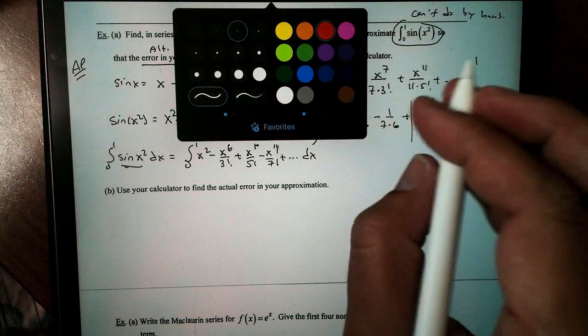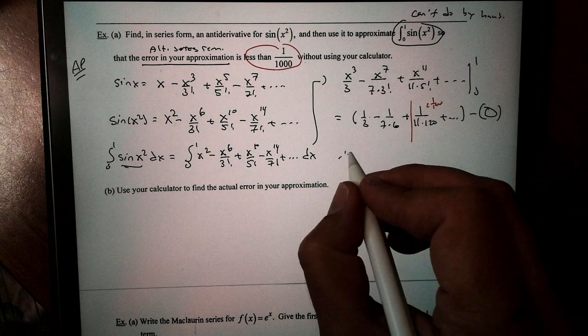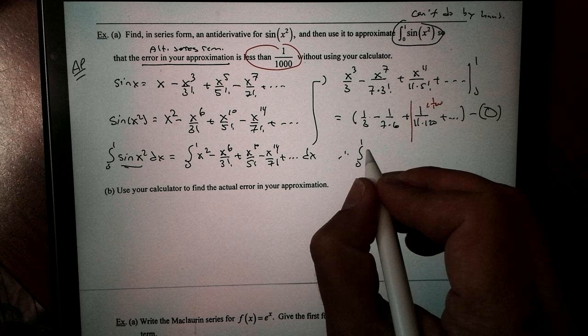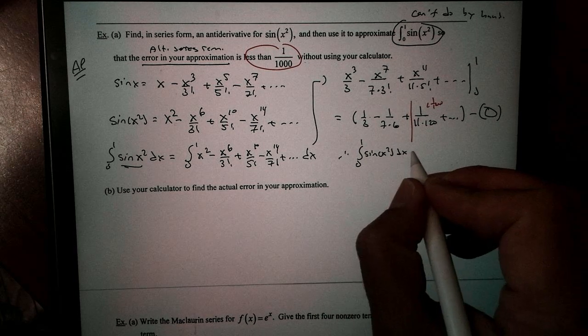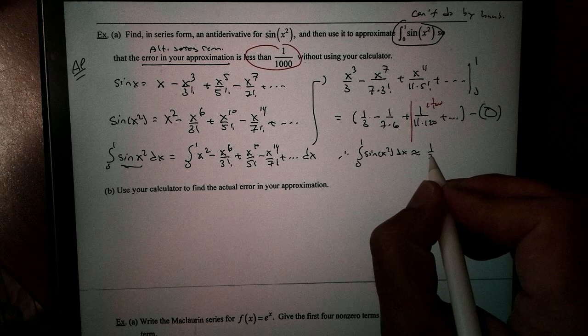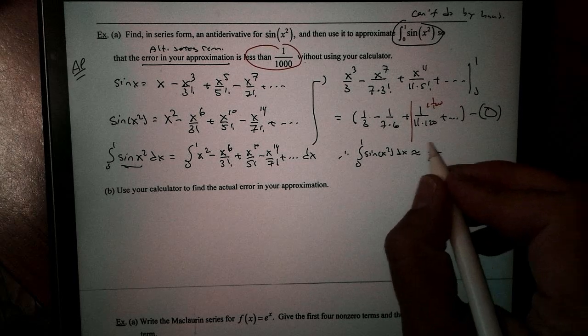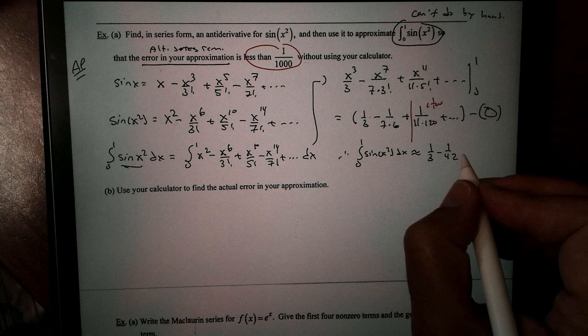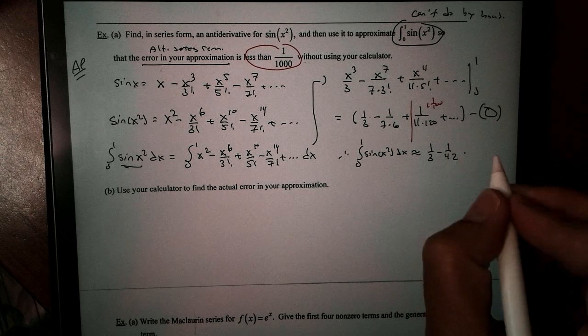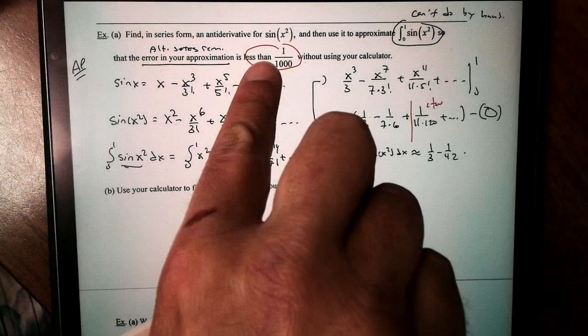And now we can write our answer. Therefore, our approximate value of the integral of sine of x squared dx is approximately 1/3 minus, and if you want to, what is 7 times 6? 1 over 42. And now we want to guarantee that it's less than this.